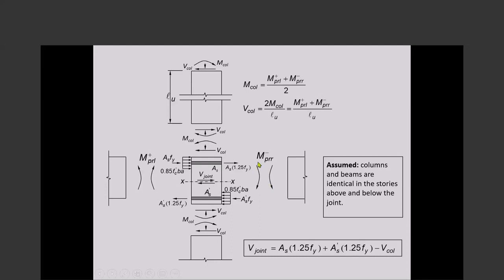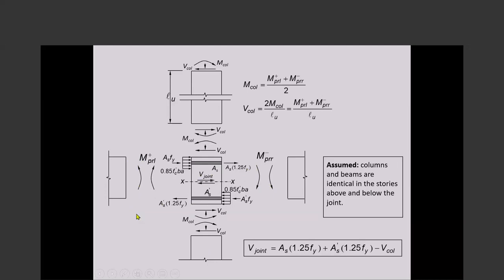Okay, equal and opposite moment acts on the joint. The left beam has a probable moment strength M sub PR, L for left, and if the right moment is negative, that moment is positive. Okay.